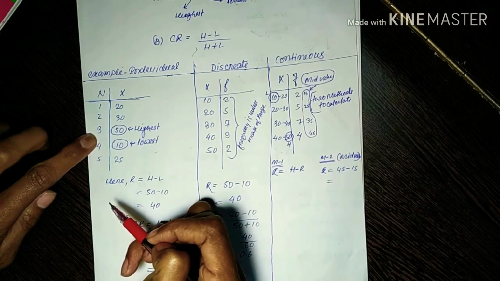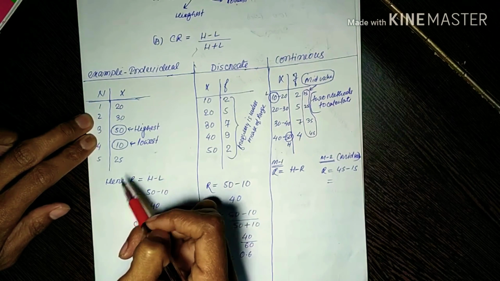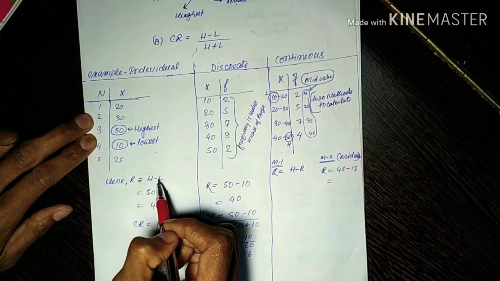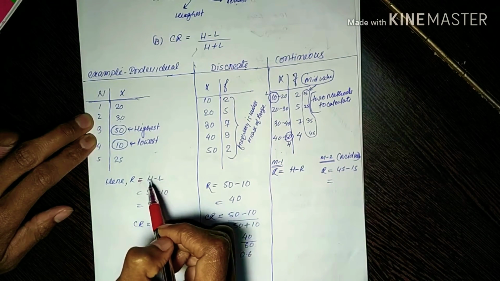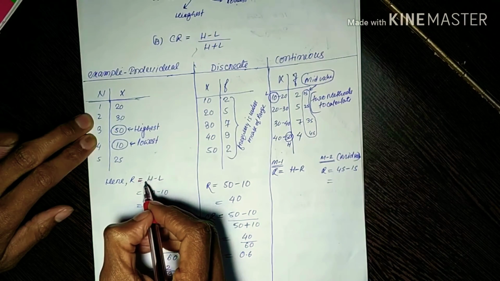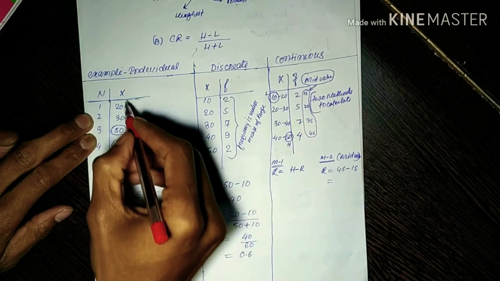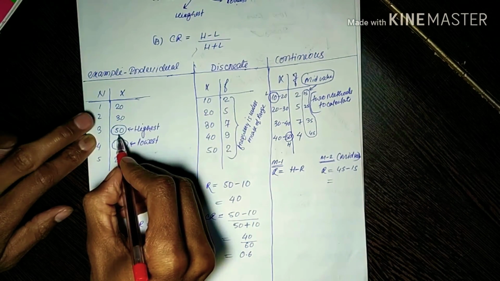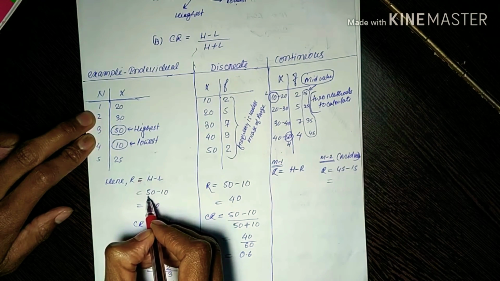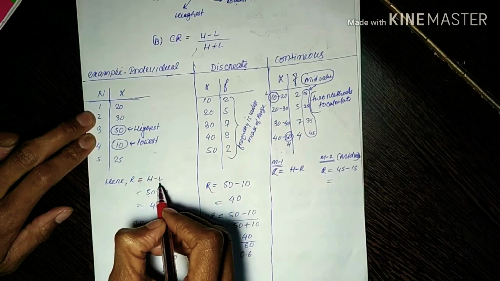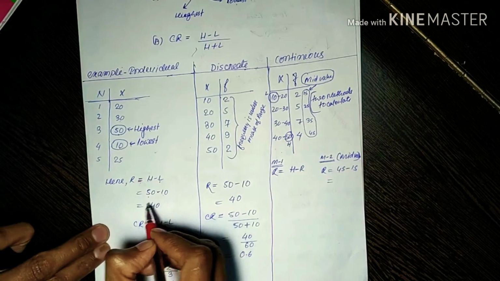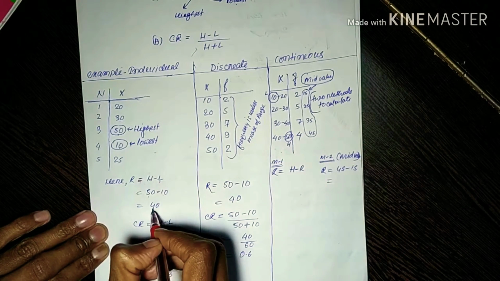We know the formula: R equal to H minus L. First we need to find the highest number, which is 50. Then the lowest number is 10. So 50 minus 10 equal to 40. So R equal to 40.